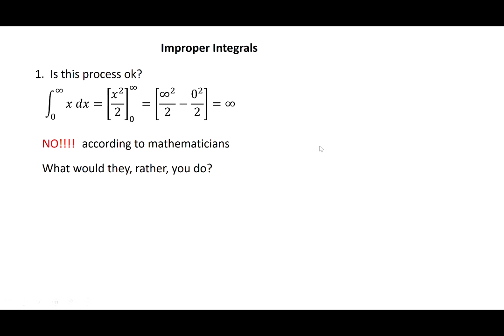So what would they rather you do? This is how they want you to approach this. They say, all right, that upper limit of integration is infinity, right? You replace that infinity with a t, and then you say limit as t approaches infinity. That is mathematically more accurate, okay?